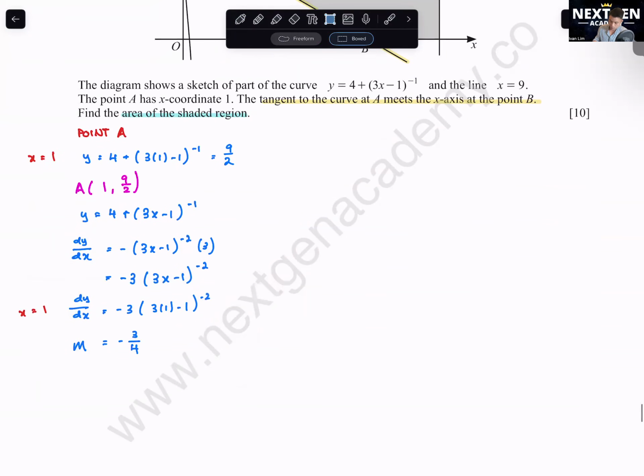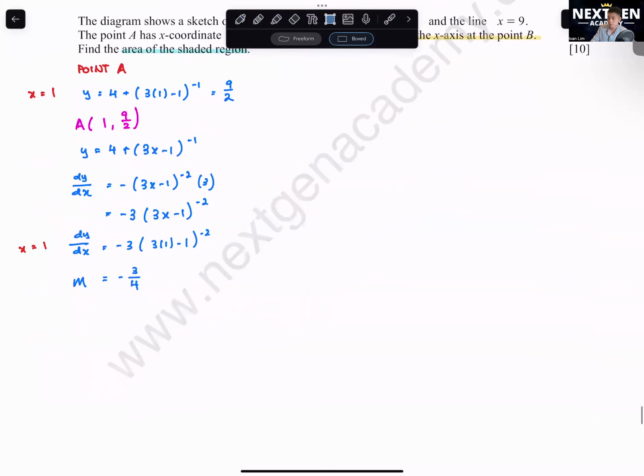x equals to 1. Okay, so now I sub in the 3 values, which is m and this x and y into y minus y1 equals to m(x minus x1). I need to use this and this.